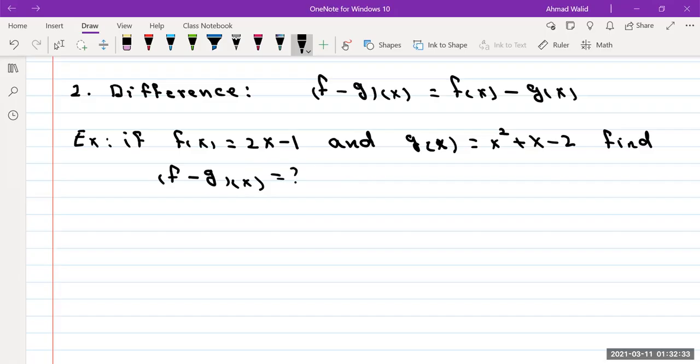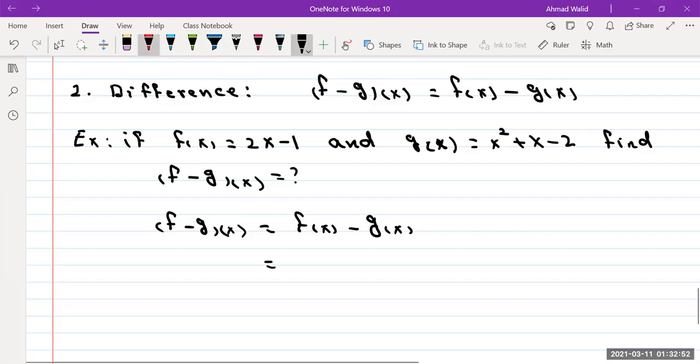Correct? f minus g of x means f of x minus what? G of x. Replace the value.